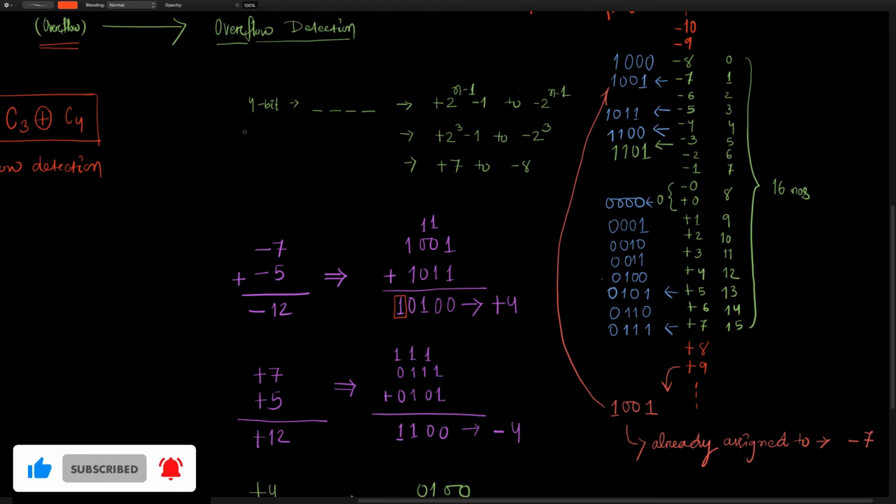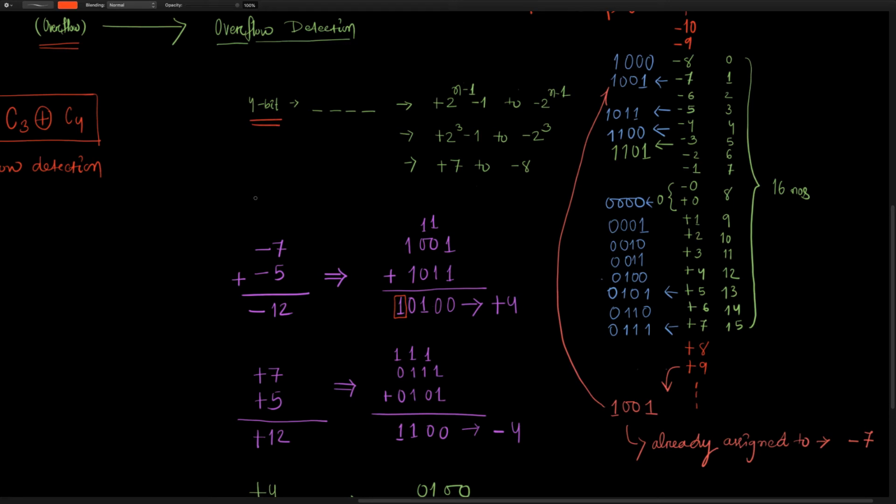Suppose, for example, we are given a 4-bit register, and we have to design an adder subtractor. If we have a 4-bit register, the signed binary numbers in 2's complement that can be represented range from positive 2 to the power n minus 1 to negative 2 to the power n minus 1, which equates back to positive 7 to negative 7.